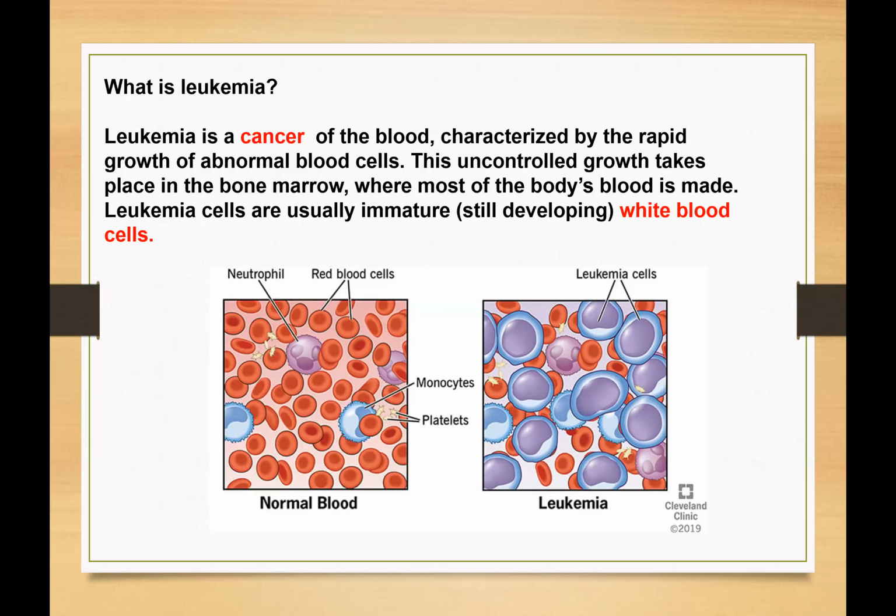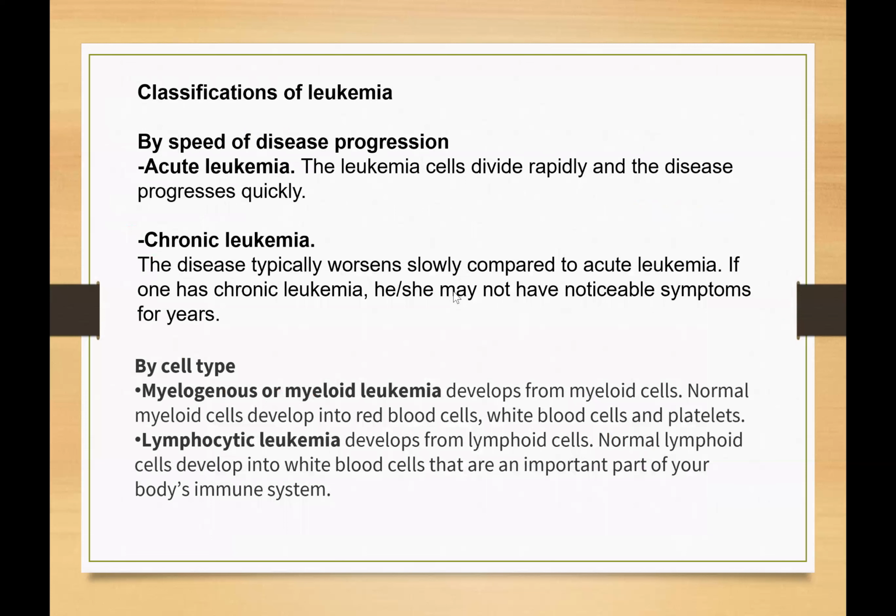Now, there are different ways of classifying leukemia or blood cancers. For example, depending upon the speed with which the disease progresses in a patient, it can be acute leukemia or chronic leukemia. Like in this case, the disease progresses very fast.